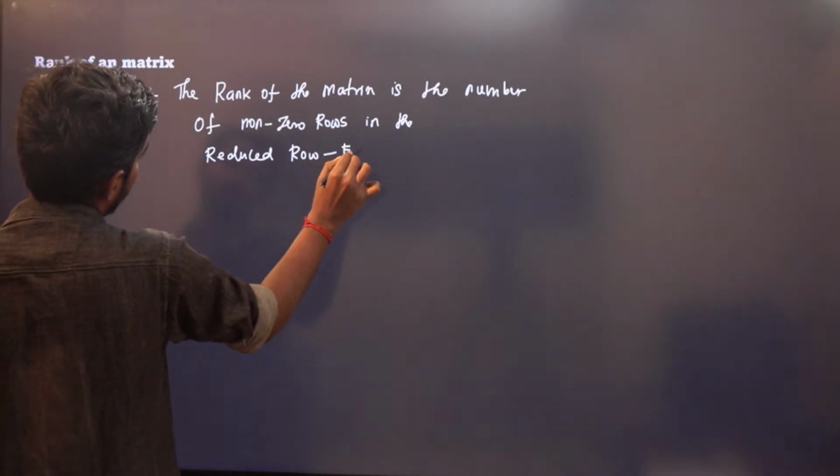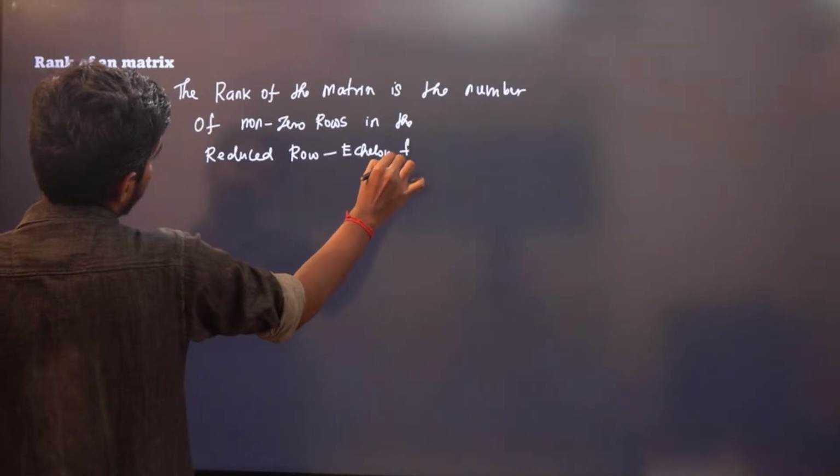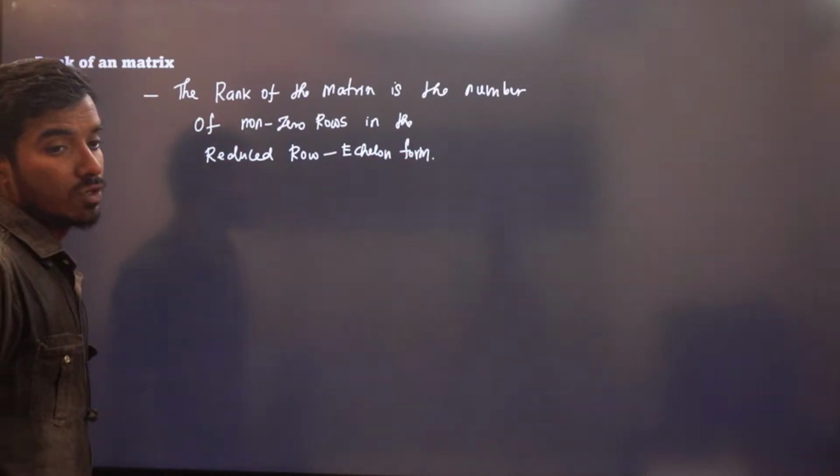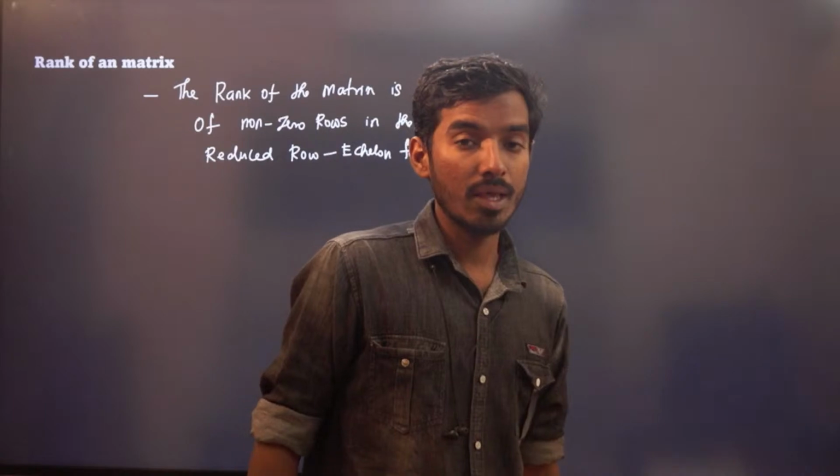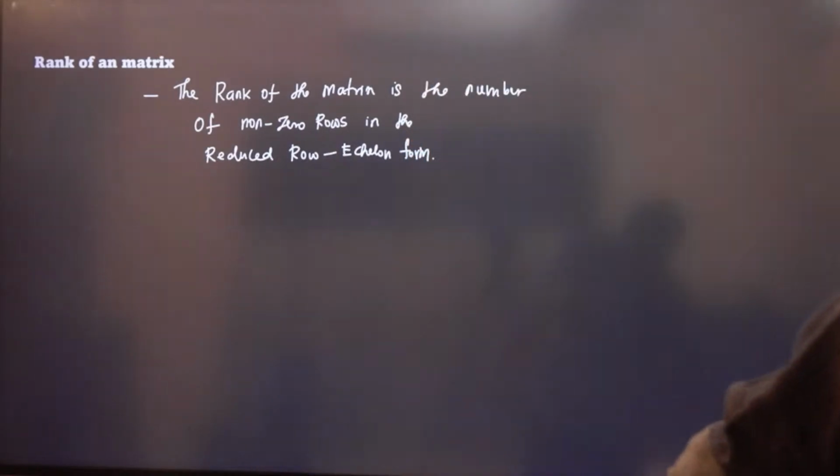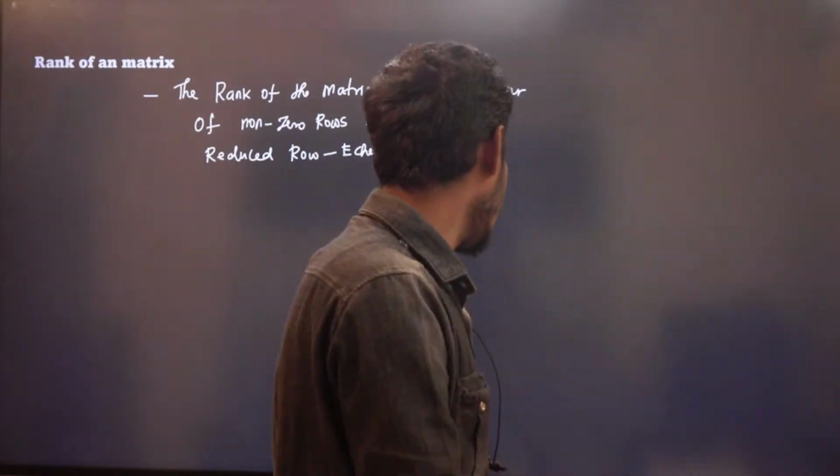So we have to reduce the given matrix to row echelon form, and then find the number of non-zero rows in that. That will be the rank of A.